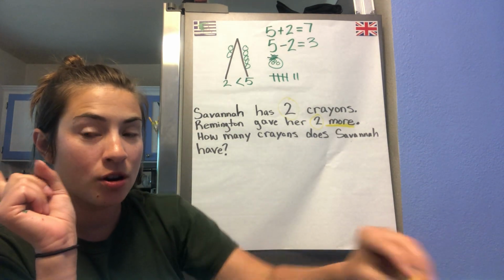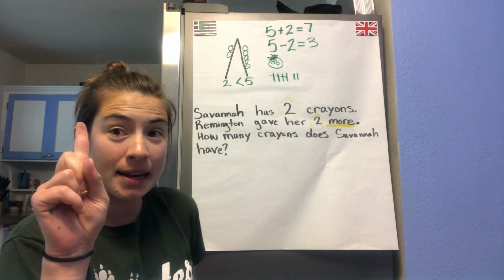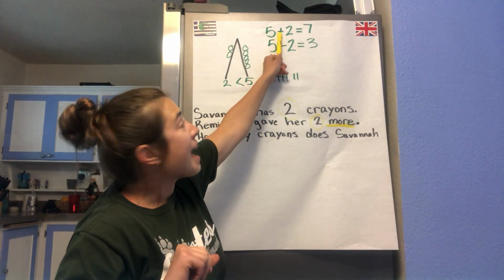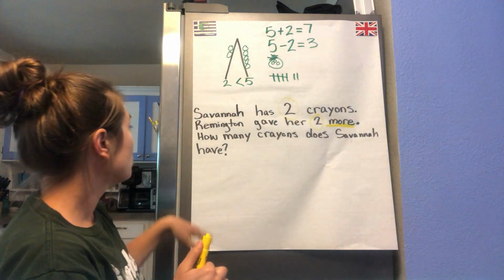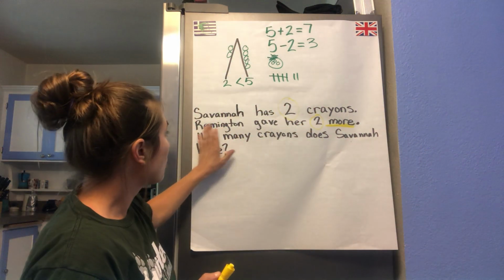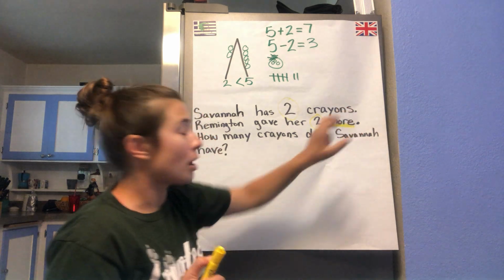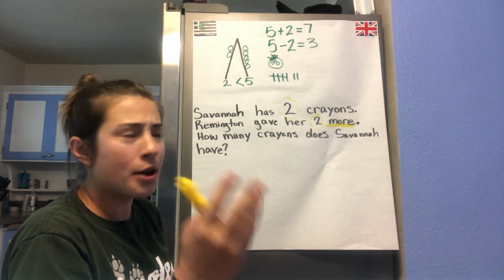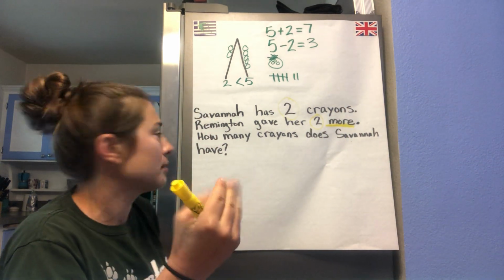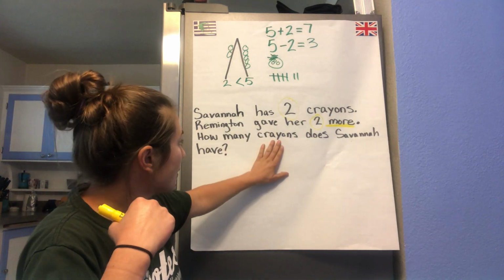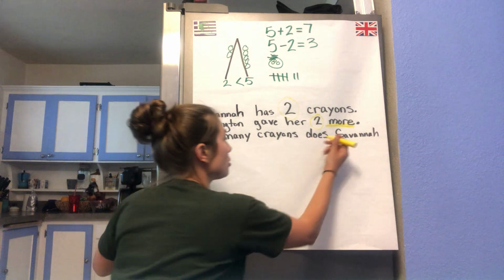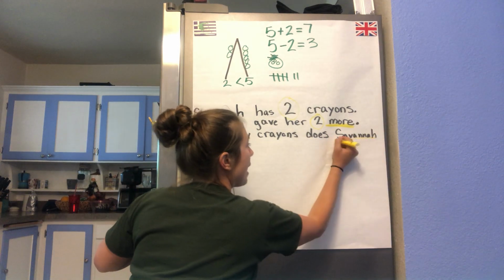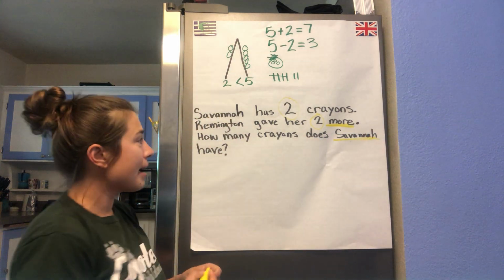More is a math term that goes ding ding. You're going to need to add. More means you're adding to it. So, Savannah has 2 crayons. Remington gave her 2 more. Now the question, what are we going to have to find out? How many crayons does Savannah have? There's our clue. We need to figure out how many crayons Savannah has.